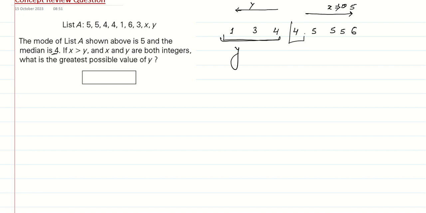If this is the median, I must introduce one more number, that is y. I cannot say 4, 4 will become the mode again. So what is the largest number I can put here? 3. The answer is 3. That is y equals 3. This is a GRE question.